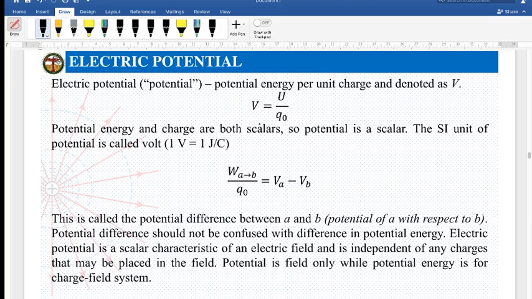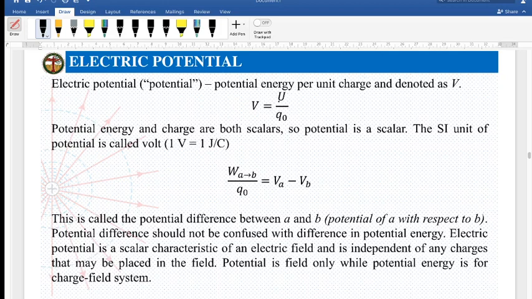This means that the electric potential is related to electric potential energy by this expression. Because of this expression, the SI unit of voltage or potential is the volt, and U has an SI unit of joules, and Q sub naught is in coulombs. Therefore, 1 volt is equal to 1 joule per coulomb.